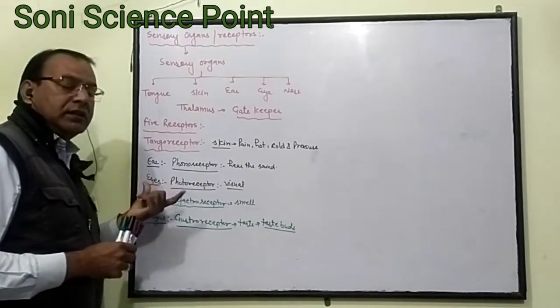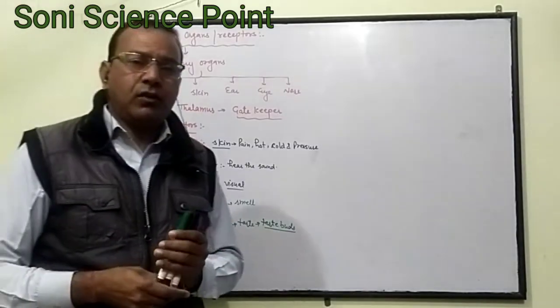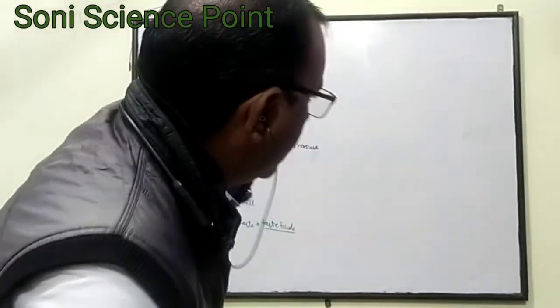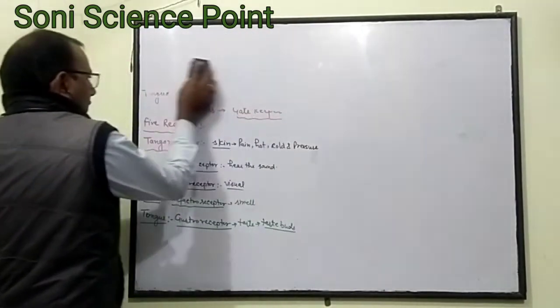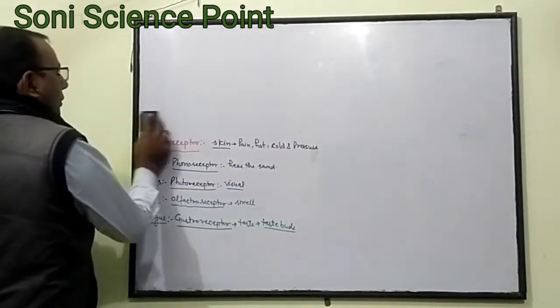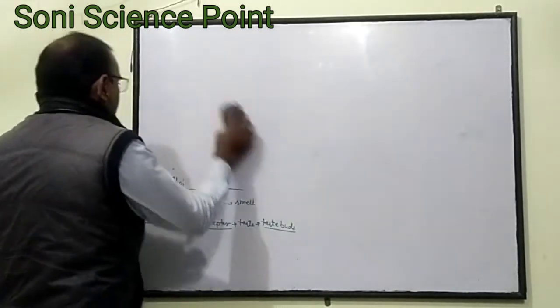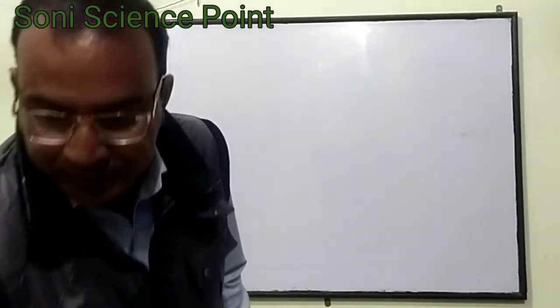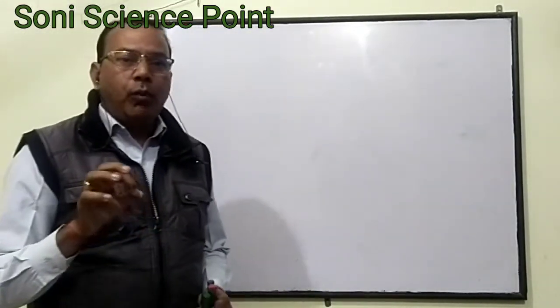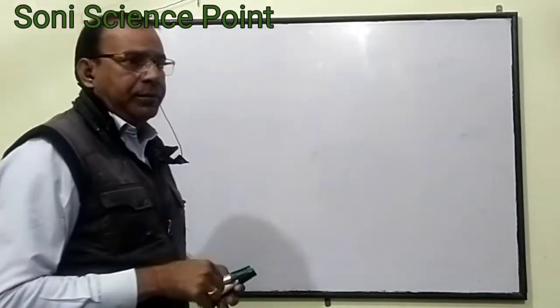What is the function of the eyes and what is the structure of the eyes in human beings? In human beings, eyes are present in the socket or orbit of the facial bone. Each human eye weighs nearly 7 grams and is mostly spherical in shape.